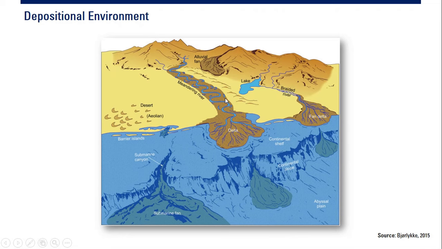And of course, they will have different properties because they come from different depositional environments. And as reservoir engineers and reservoir simulators, we need to understand the depositional environment of our reservoir. So if we want to simulate a reservoir which previously was a river, it will have different properties from a reservoir that actually was a lake.